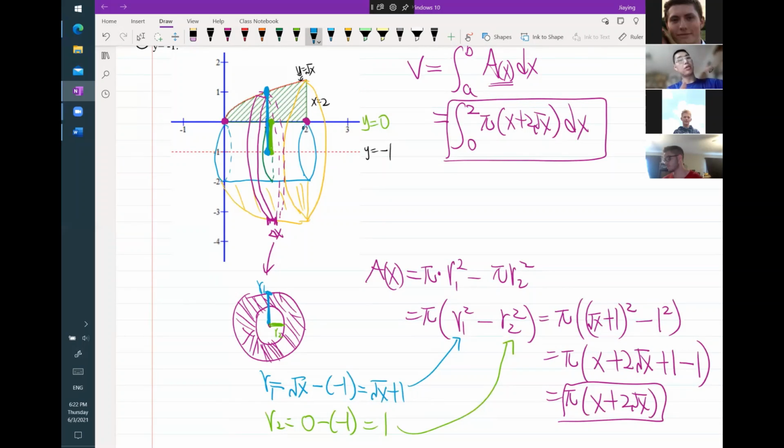That is the biggest radius, the radius of the outer circle of the cross-sectional area. How do you find how long that is? You take the function y equals square root of x minus y equals -1. That distance gives R1. You do the same thing with R2, which is the distance from the blue line to the dotted line, from y equals 0 to y equals -1. That gives you 1.